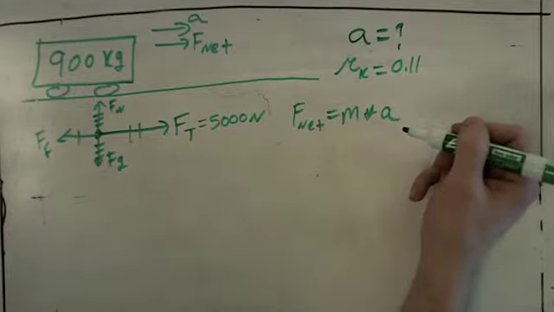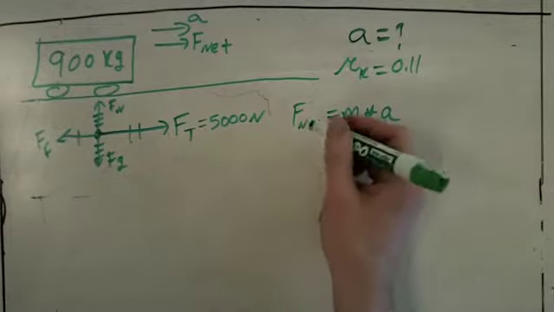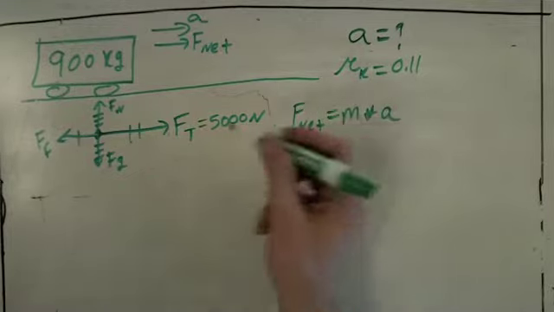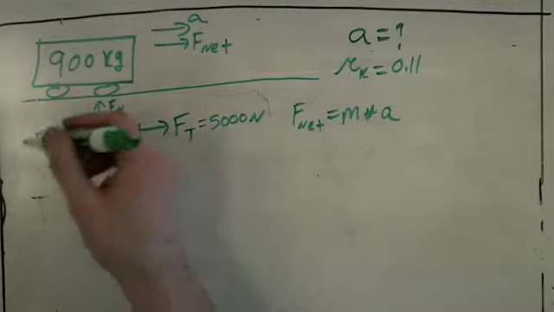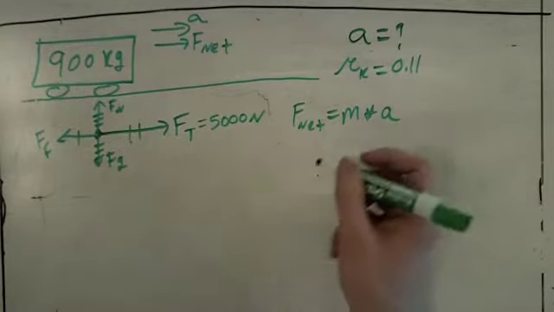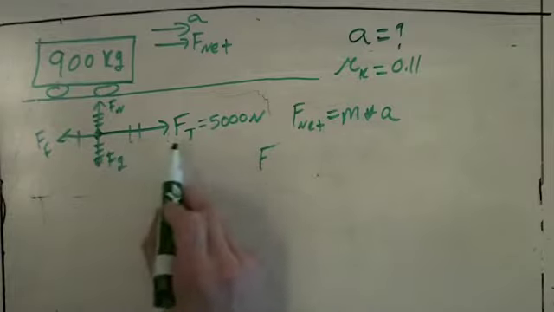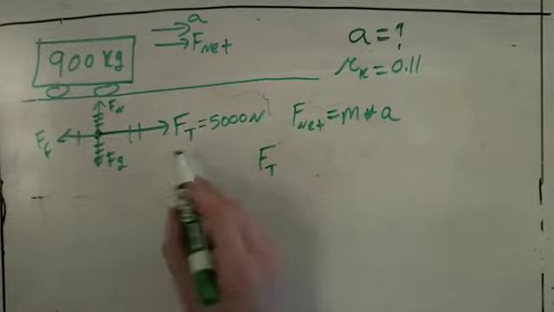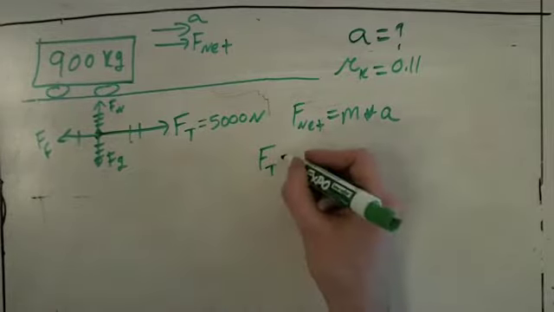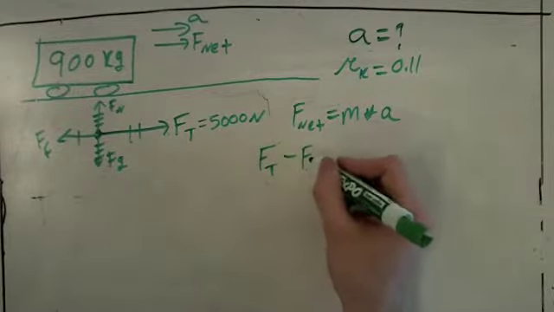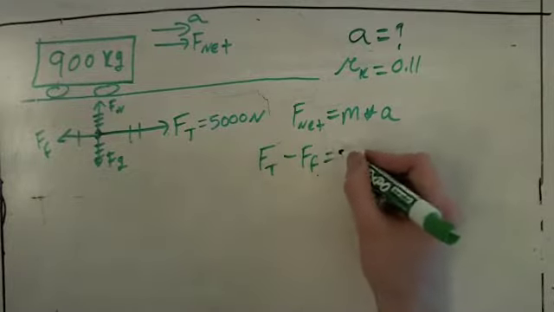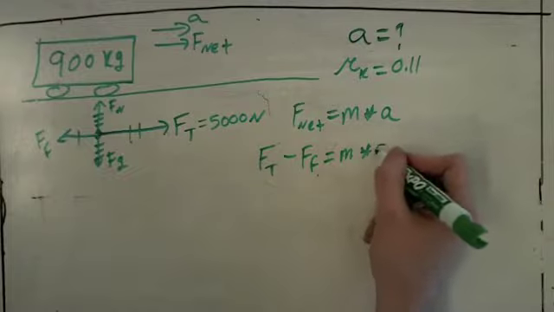Tricky. Well, let's keep working with this for a little bit. F net can be rewritten. I know there's a net force in this horizontal direction. So let me rewrite F net in terms of individual forces on the object. There's this forward thrust, and then there's the frictional force. And that still is equal to mass times acceleration.